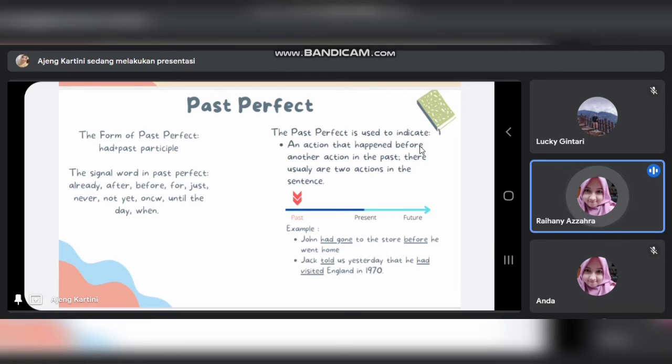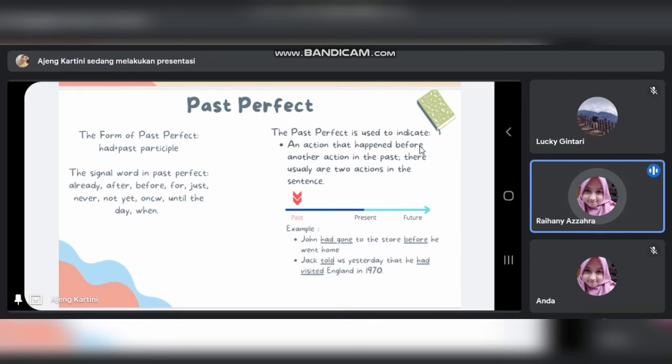The signal words in past perfect are already, after, before, for, just, never, not yet, until the day, on, and when. The past perfect is used to indicate an action that happened before another action in the past. There usually are two actions in the sentence.